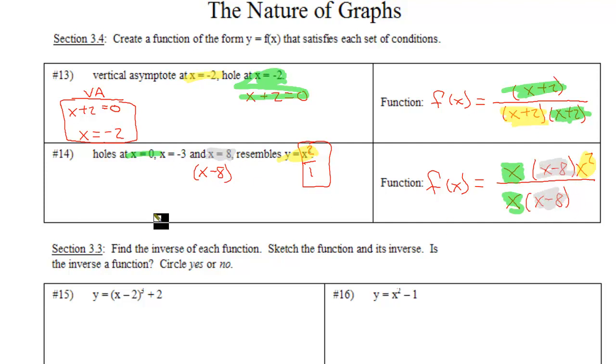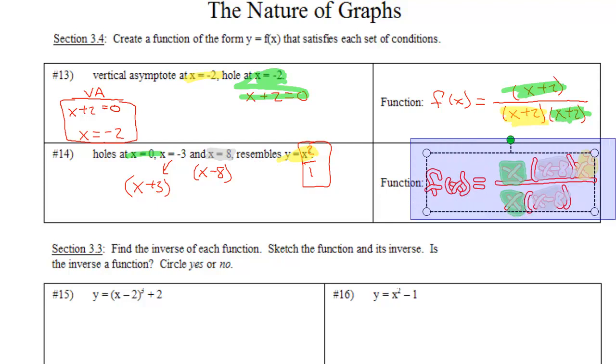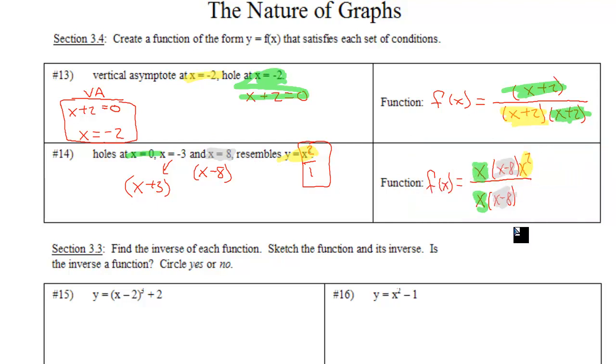And the one that I skipped over when I was reading, x equals -3, it means there's a hole at x equals -3. If there's a hole at x equals -3, that means there has to be an x plus 3 in my fraction. An x plus 3 on the top and an x plus 3 on the bottom. The order of these factors does not matter.